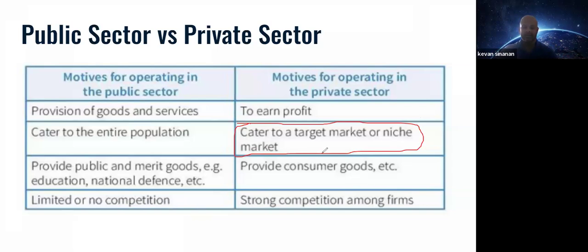So target market means part of the population. Not everybody is going to buy milk, but for the few who buy milk, let's say Nestle sells milk, Nestle's target market is people who buy milk.